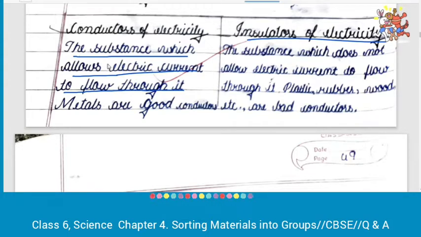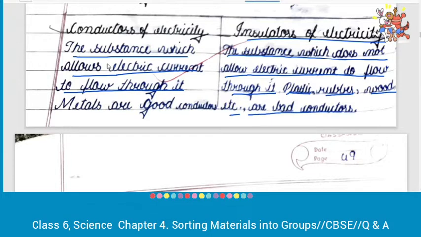Here, metals are good conductors, and the substance which does not allow electric current to flow through it are called bad conductors or insulators of the electricity. Example, plastic, rubber, wood, etc. are bad conductors.